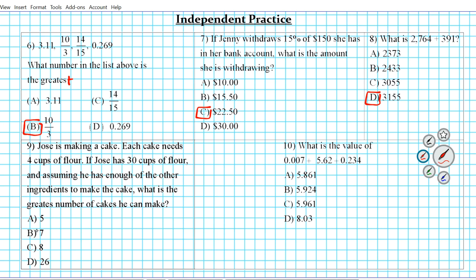You get 7 remainder 2, but you truncate that 2 out of this mix since you cannot make a cake with that fractional amount of flour. And then number 10, the answer is 5.961, option letter C.